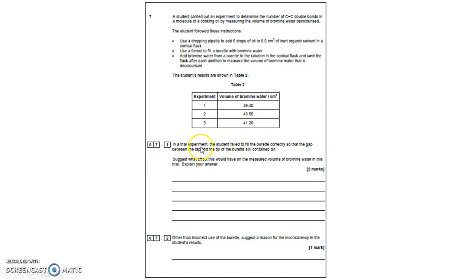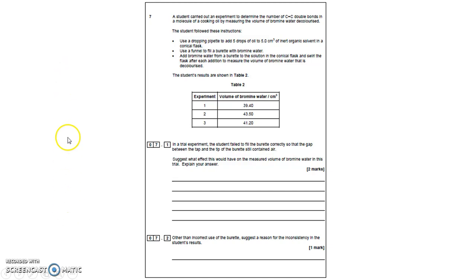In the trial experiment, the student failed to fill the burette correctly, so that there's a gap. Suggest the effect. Okay, so you've got the burette here, and you've got an air gap in the bottom of the burette. Let's say that the air gap is 3 centimetres cubed. The first 3 centimetres cubed that's pouring out of the burette is actually not going to pour out of the burette at all. It's going to fill the air gap.